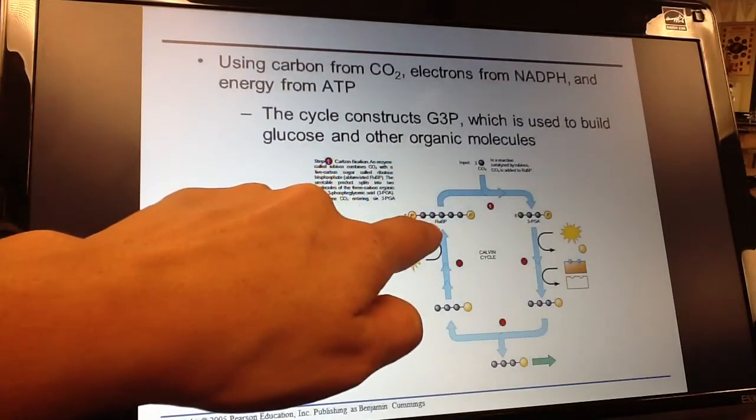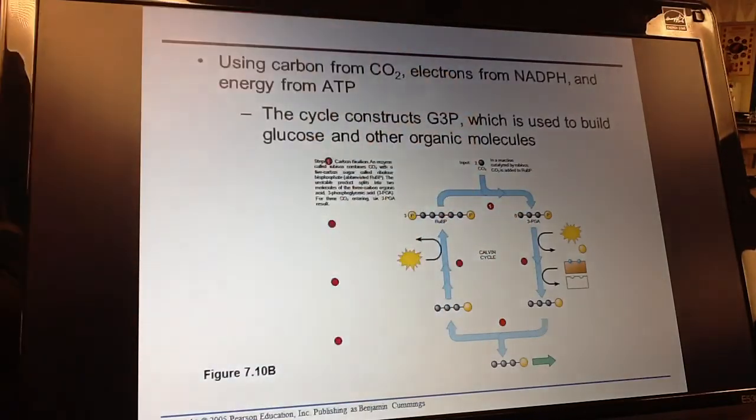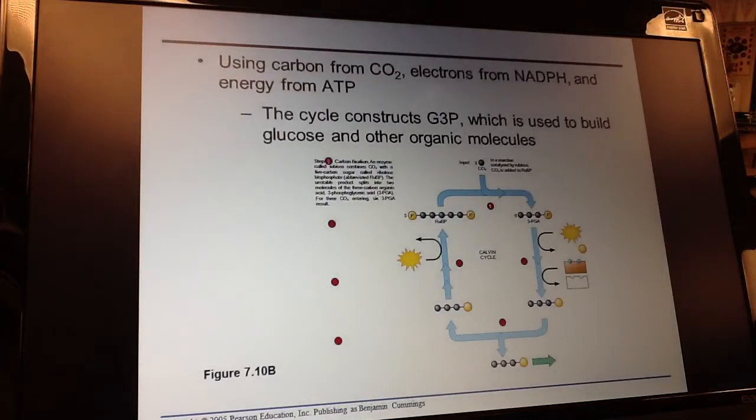The big thing to know about RuBP combining with carbon is that it's an enzyme-catalyzed reaction, and the enzyme that catalyzes it is called rubisco. Rubisco is one of the most abundant enzymes on the entire planet, and that's because this process is happening all the time.